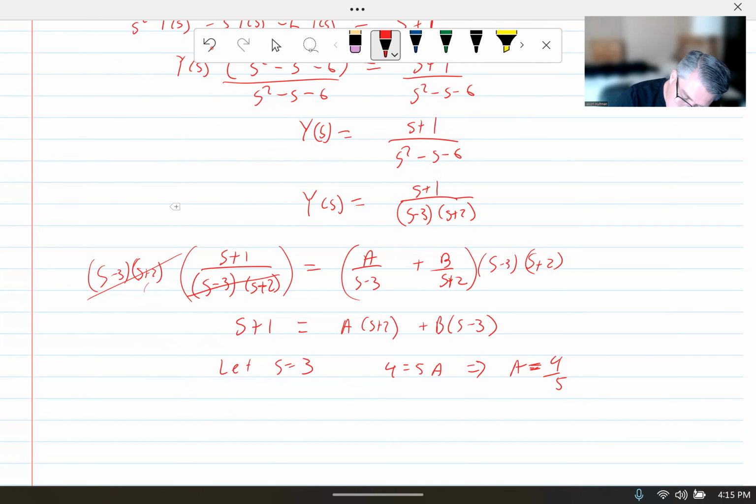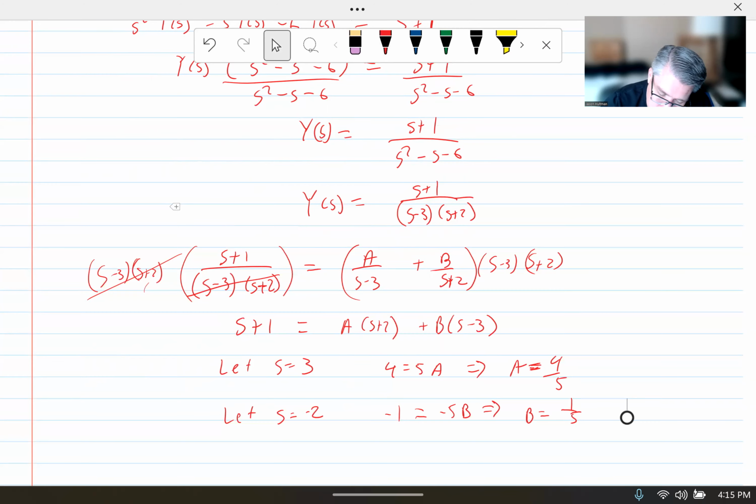And then we're going to let S equal -2. When we plug that in, we get -1 is equal to -5B, which implies that B is equal to 1/5.